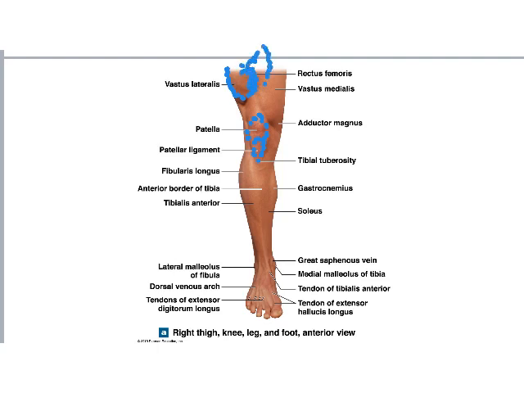Rectus is going to be kind of in the middle. And you can see vastus medialis again on that medial aspect just above the knee. Should be easy to identify in most people. Then that tibial tuberosity again, just below the patellar ligament where it inserts.